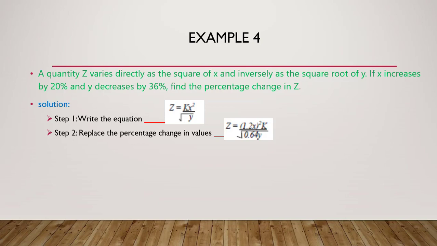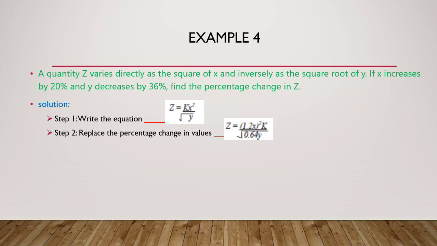Now we are getting 120%. How do we write that one? It is 120 over 100, that is 120%. So when you divide 120 by 100, you get 1.2. So we multiply the value of x by 1.2. Remember, it's the value of x which is changing, so we are writing 1.2 times the value of x all squared.